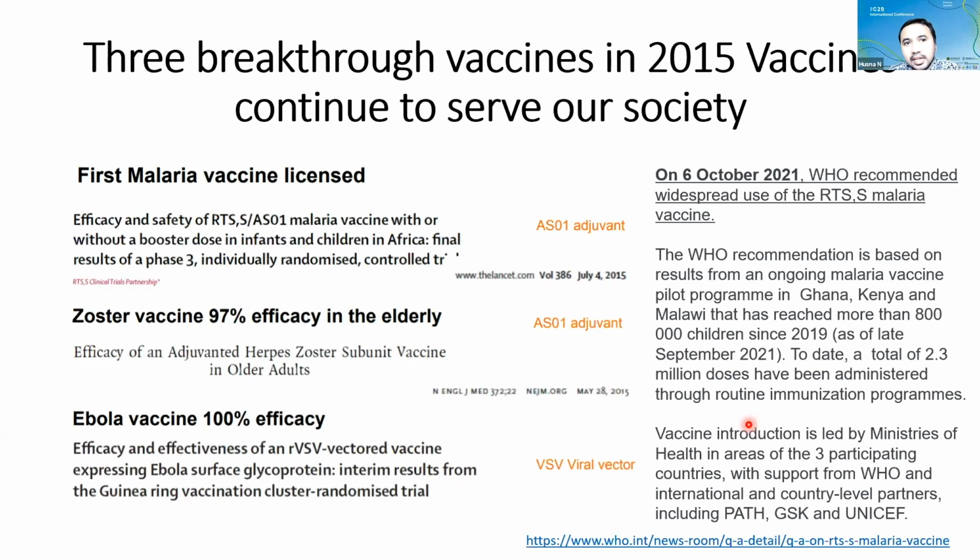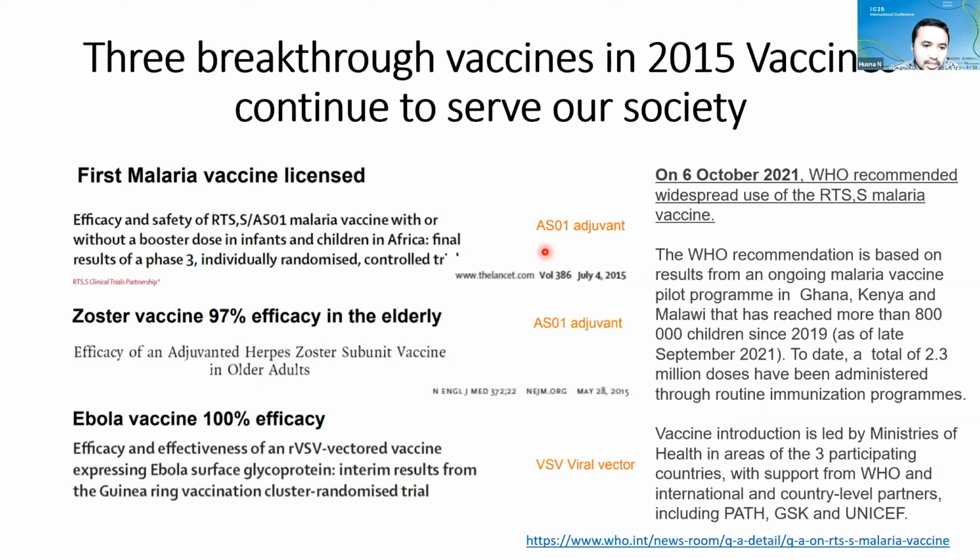Then, even with the COVID-19 pandemic, previously we also had other disease problems such as malaria, but fortunately, on 6th of October 2020, the WHO recommended RTS,S for widespread use as a malaria vaccine.